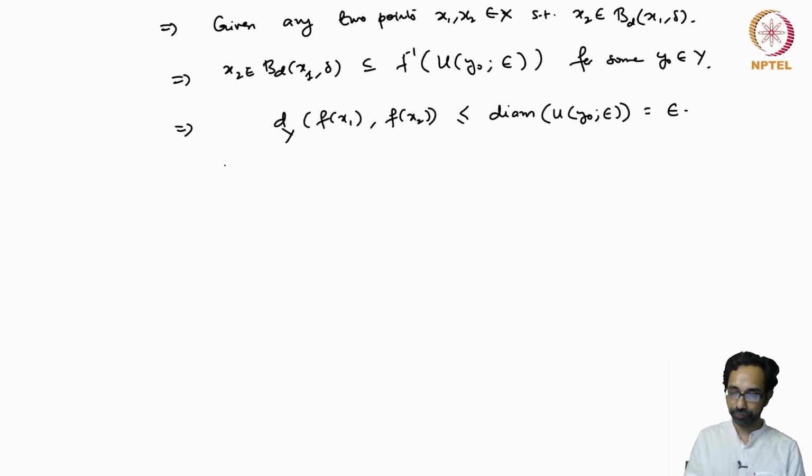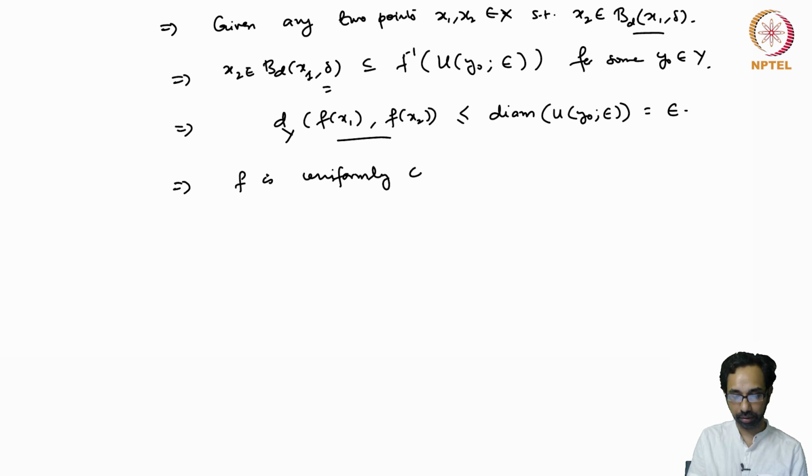So we have chosen a delta which is independent of any given point, such that whenever x1 and x2 lie within distance delta of each other, the images f(x1) and f(x2) lie within epsilon. So this proves that our function f is uniformly continuous, and this completes the proof of the uniform continuity theorem.